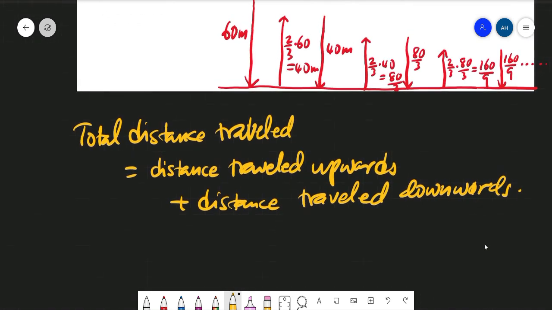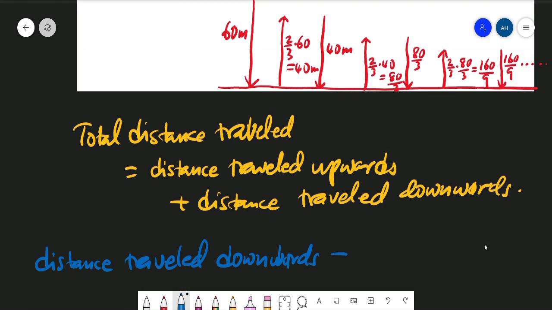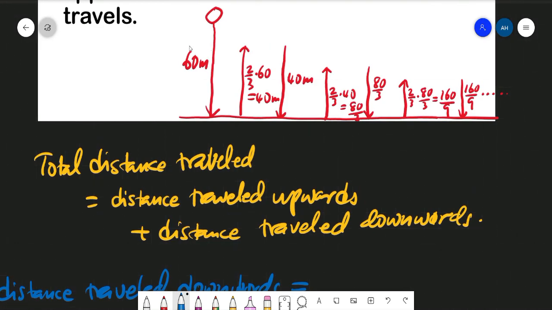Alright, so we are going to list the distance traveled downwards first. So we have, let's write it down, distance traveled downwards equal to, we start with 60, right? Downward 60, and then 40.